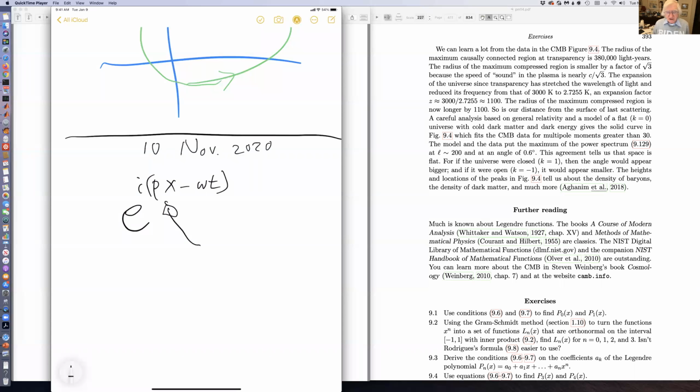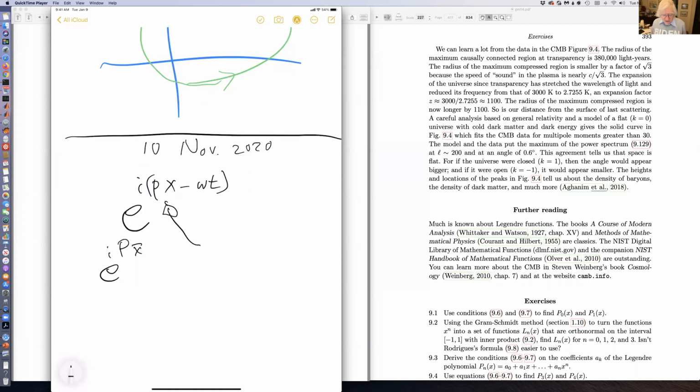You might have wondered how it is that in a composite system, you can think of it as one big object with a phase e to the i p x bar, where p is the total momentum of the object and x bar is the average position.